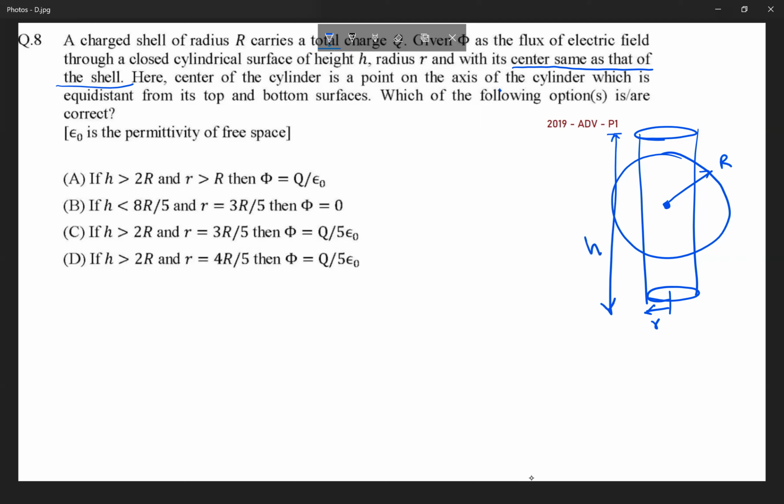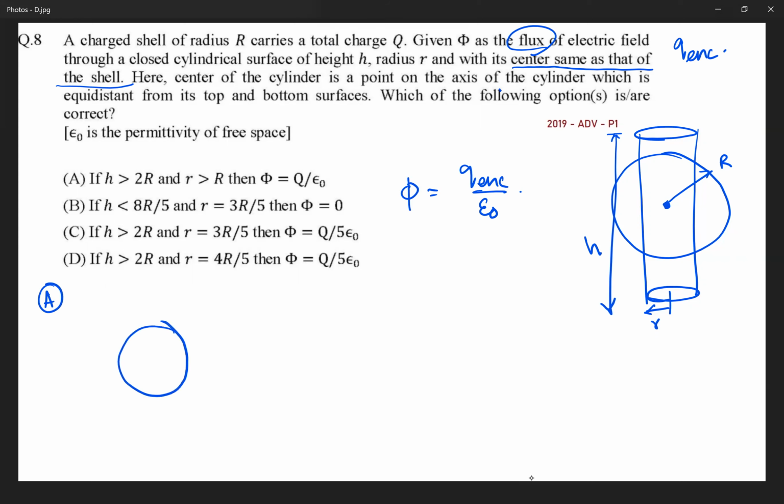Which of the following options are correct? Keep in mind that the flux of the electric field depends on the enclosed charge. So phi is equal to q enclosed divided by epsilon 0. So if h is greater than 2r and the radius is greater than r, how does that look like?